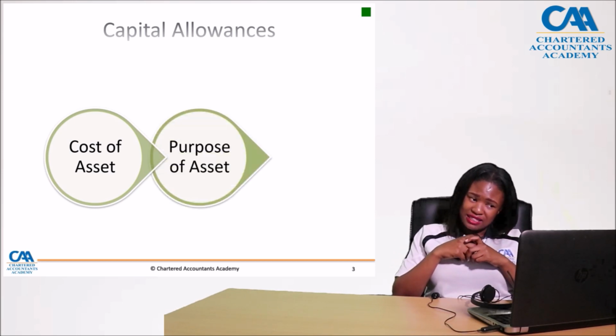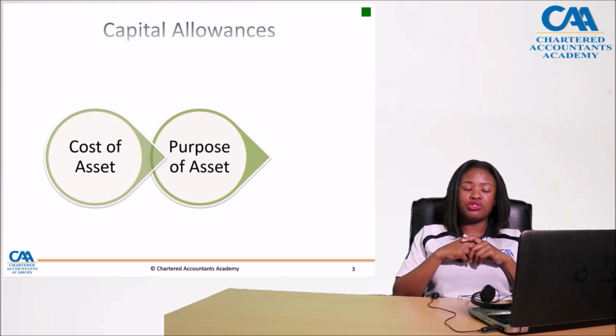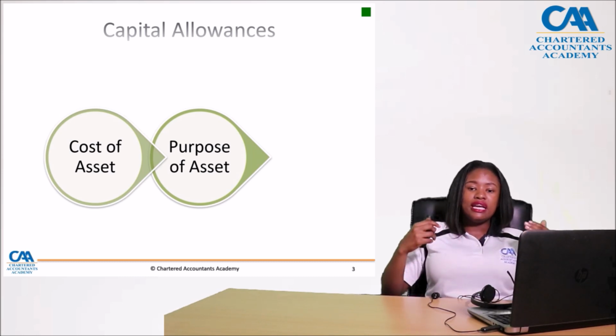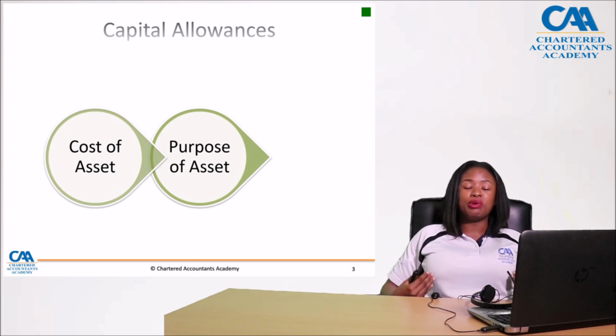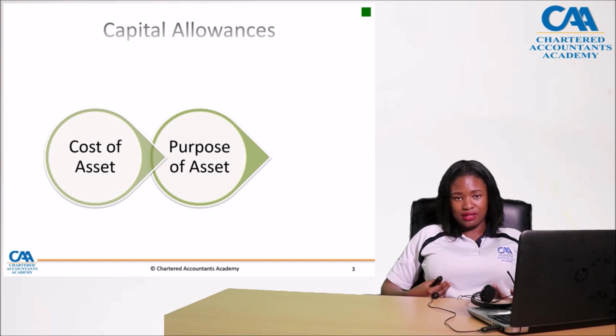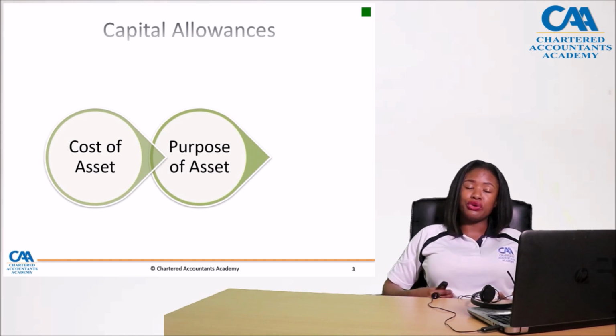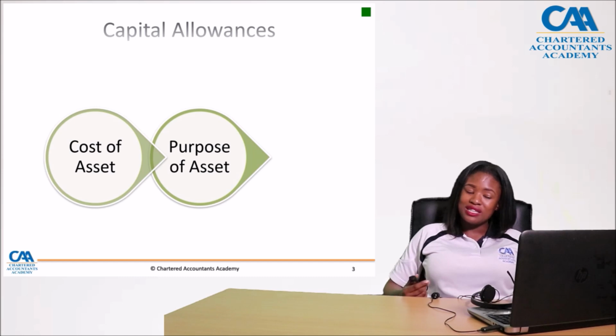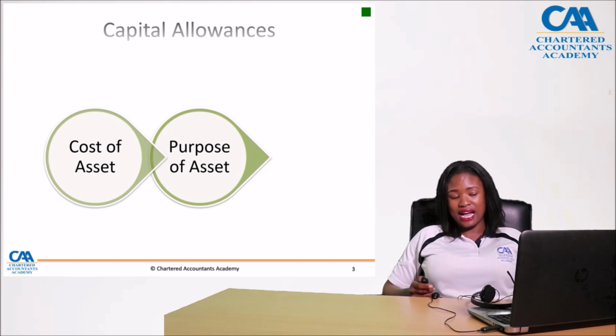Then the purpose of the asset. The purpose is very important because the capital allowances that are available are sometimes determined by what you're going to be using the asset for, most likely than not actually. You have to know the purpose of the asset to be able to tell which allowance you can claim for this particular asset.